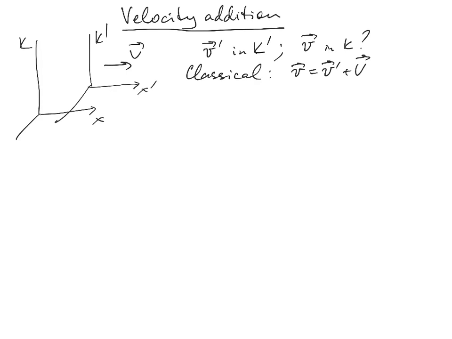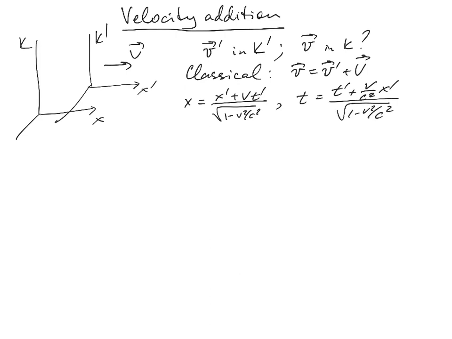So to work out this addition rule, we come back to the coordinate and time transformation. As you remember, we have x equals x prime plus v t prime divided by the square root, and t equals t prime plus v over c squared x prime over the square root. And we also have y equals y prime and z equals z prime.